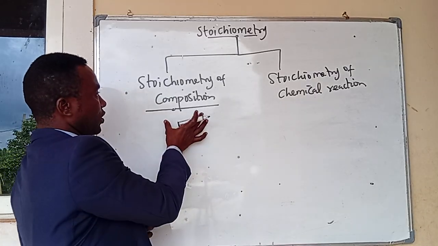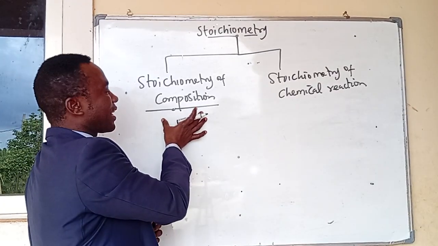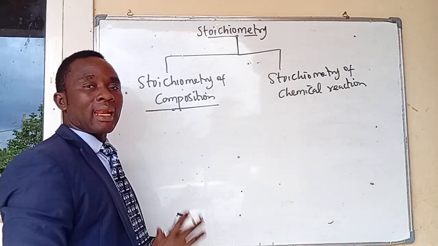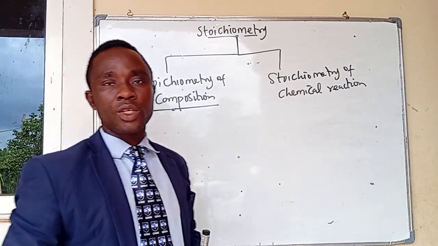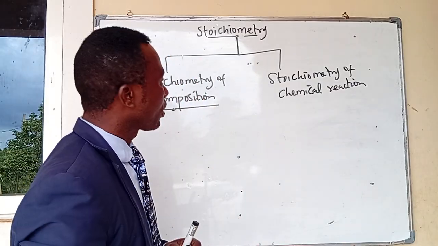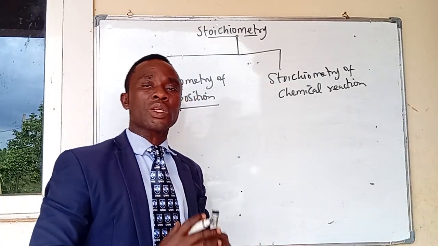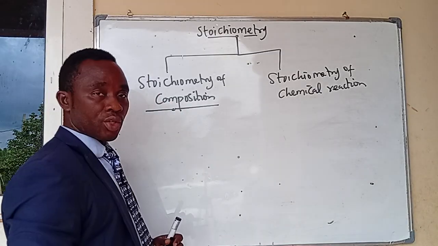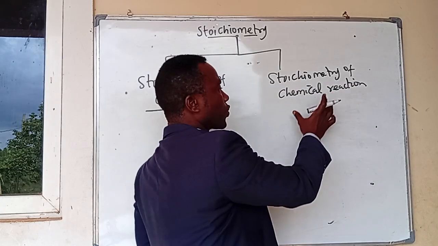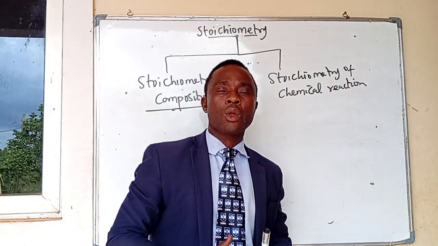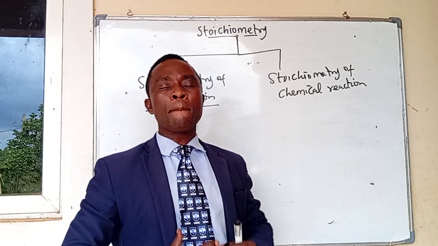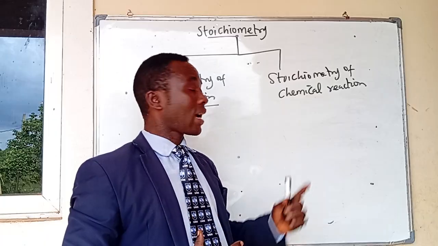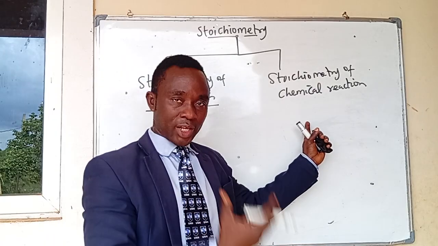That means any calculation under stoichiometry where you don't need to balance a chemical equation before you can make those calculations falls under stoichiometry of composition. Stoichiometry of chemical reaction are those calculations where you need to balance the chemical equation before calculation. That means there is a reaction.